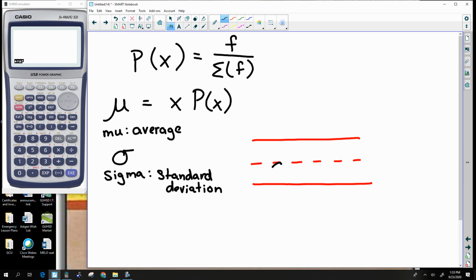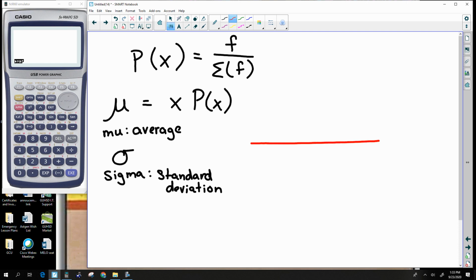It's like writing the letter O with a swoop. So if you can write in cursive, it's a cursive O without the front swoop. Notice how it's lowercase. So again, the two letters and how to write them: the symbol mu and the symbol sigma.